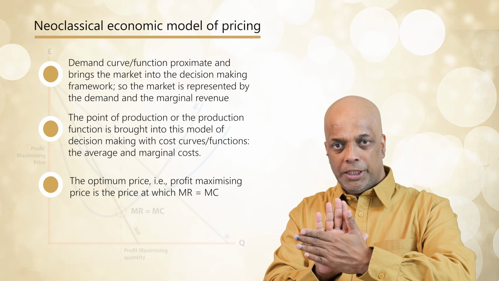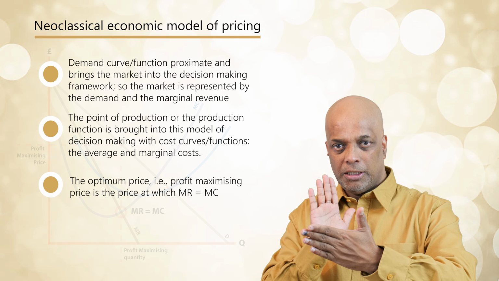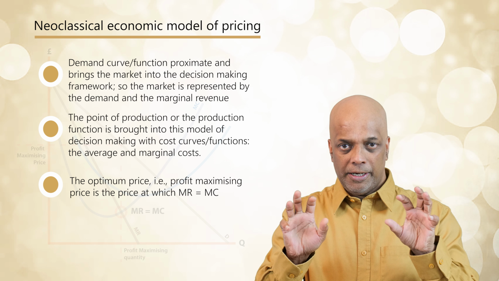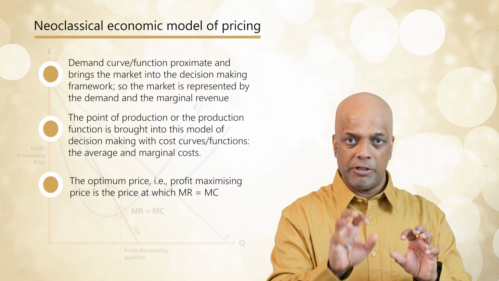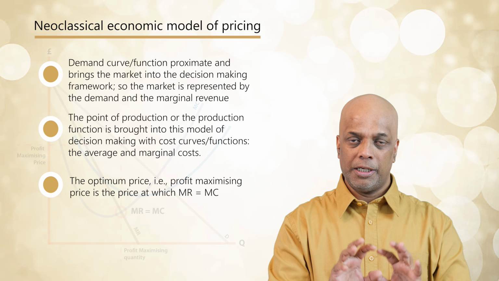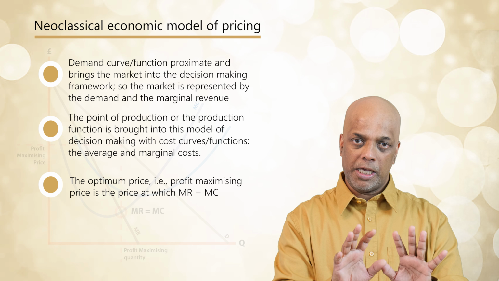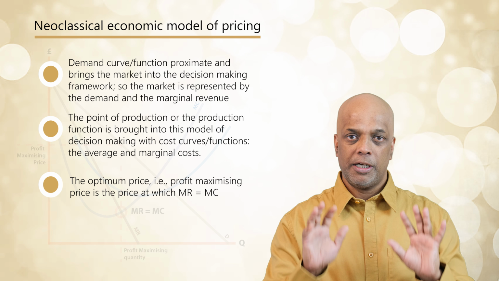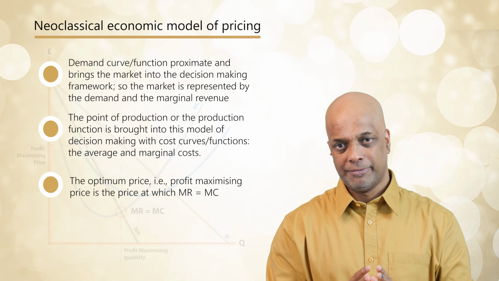Then, by putting them together, by finding the point at which the marginal revenue equals marginal cost, we determine the price. And that price would be the profit maximizing price.